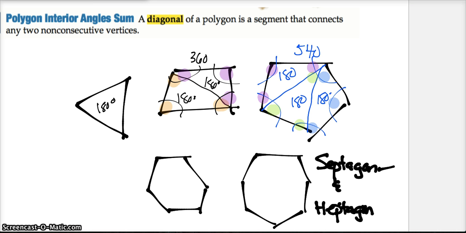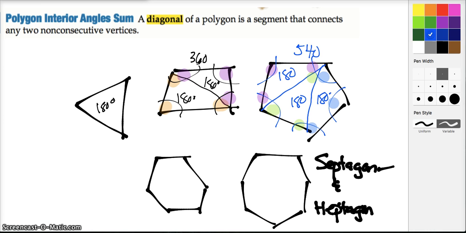So what I'm realizing is that you probably might have seen it already. Like with the triangle, there was one triangle. With the quadrilateral, there was two. With the pentagon, there was three triangles that I needed to create. And if we continue, it would make sense that within the hexagon, there's four triangles that fit neatly up against all the angles of the hexagon, right?